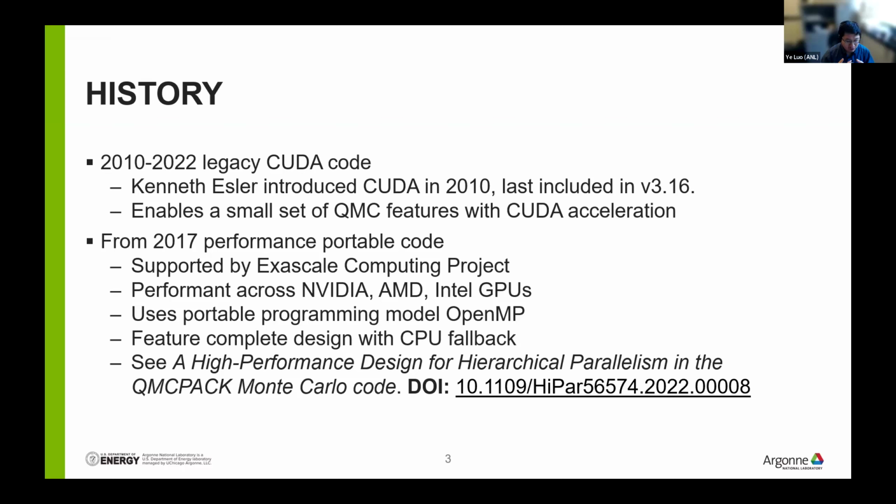If a feature doesn't work on the GPU, you can mix and match CPU features and GPU features in QMCPACK. This allows you to run your simulation, get acceleration, and also get the intended calculation with the feature being used. For more details about this implementation, you can look at my paper, published in 2022. That's the link.